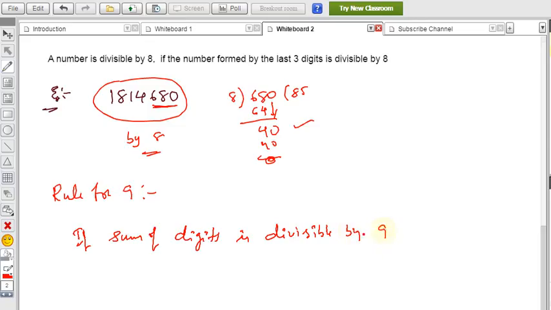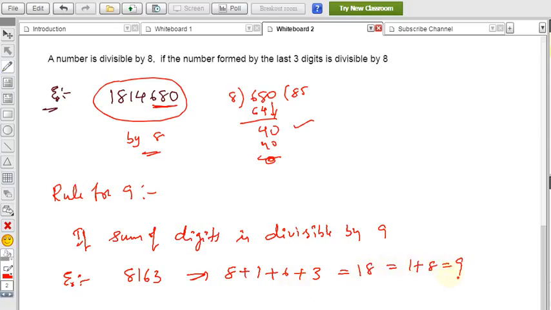For example, take 8163. 8 plus 1 plus 6 plus 3: 8 plus 1 is 9, 9 plus 6 is 15, 15 plus 3 is 18. Again 1 plus 8 is 9, because 18 is divisible by 9. If you add the digits again you get only 9, because the single-digit multiple of 9 is only 9. Then 8163 is divisible by 9. So for 3 and 9 we need to add the digits.